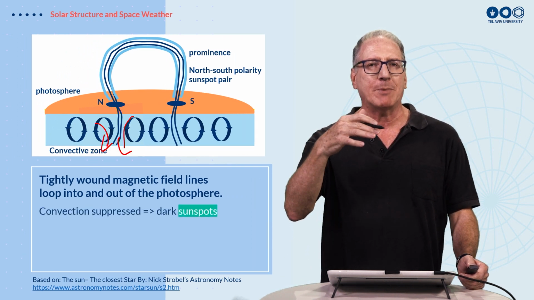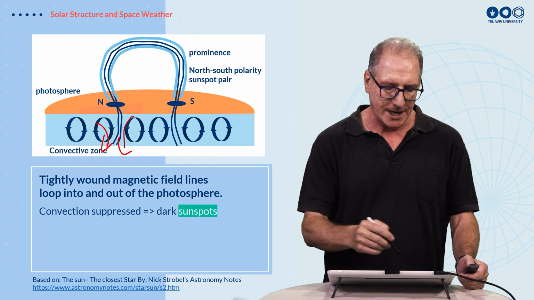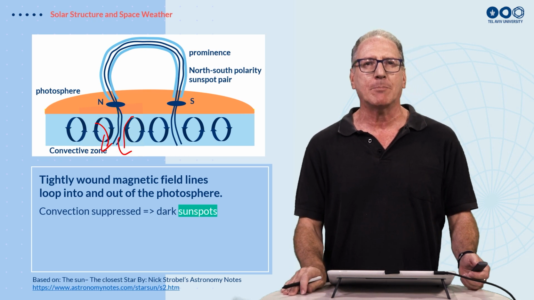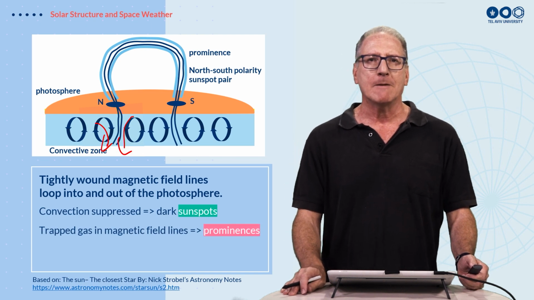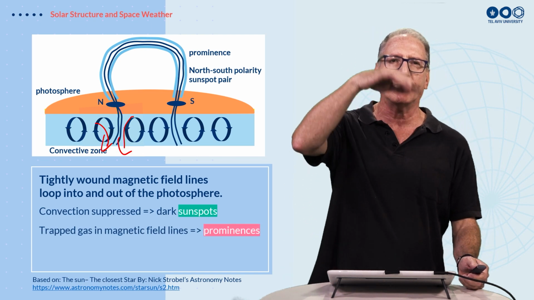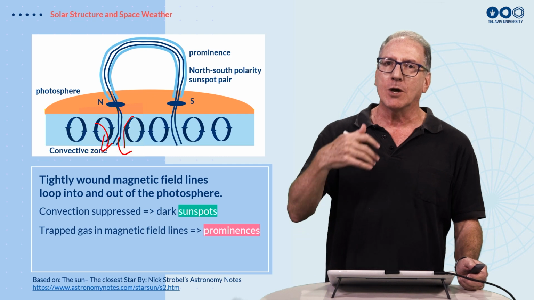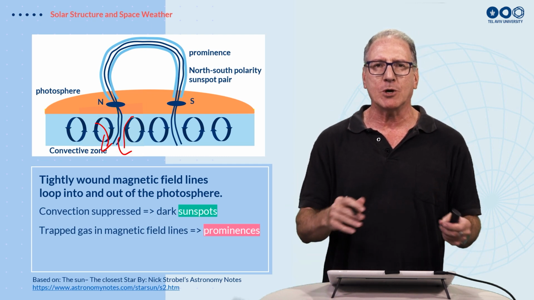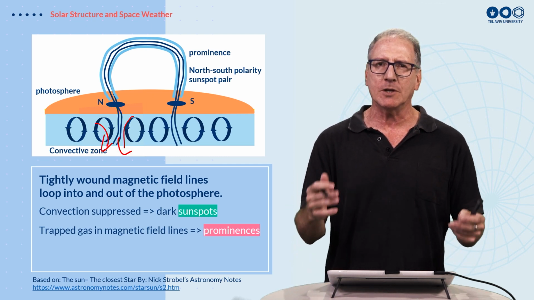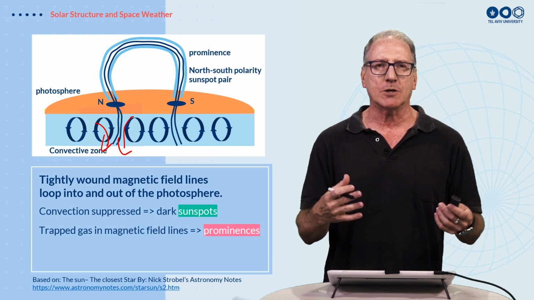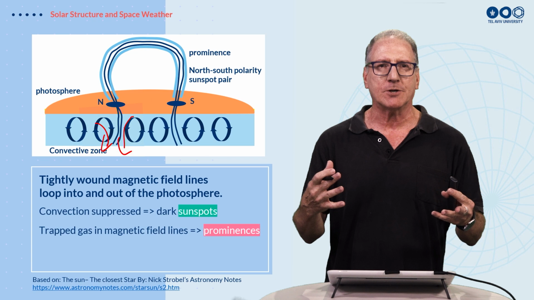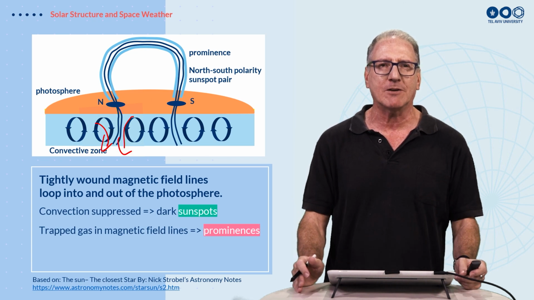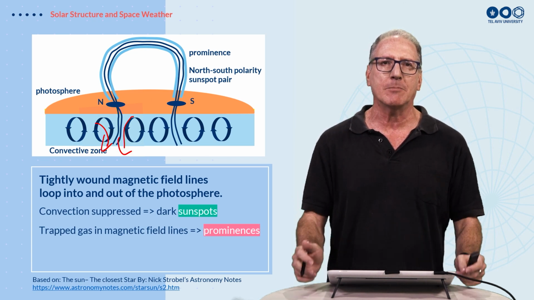When we look at what's happening above the surface of the sun, we have this loop which is going up into the atmosphere of the sun, which we call a prominence. These prominences are the magnetic field lines coming out, but how do we see these magnetic fields? Well, most of the material in the sun, because it's so hot, is either protons, electrons or ions, which are electrically charged. And when they interact with the magnetic field, they get trapped in it.